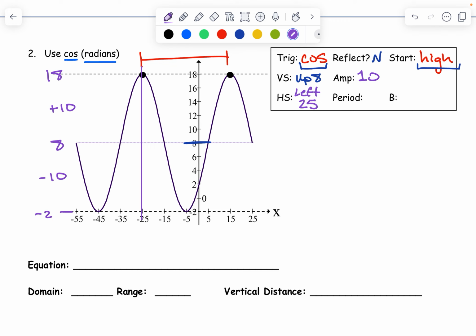This is in radians, and so to find the period of a wave in radians, we've been doing 2 pi over b.